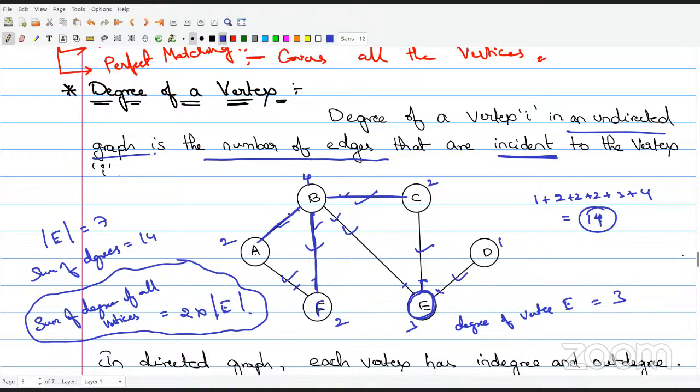Between two vertices, we will use adjacent. And between edge and vertex, we will use incident. So this edge is incident to vertex A and this edge is incident to vertex B. So incidence is used between edge and vertex. Adjacency is used between two vertices.